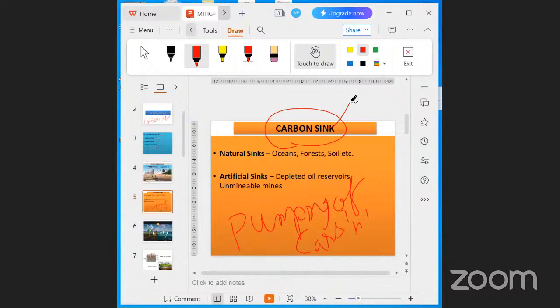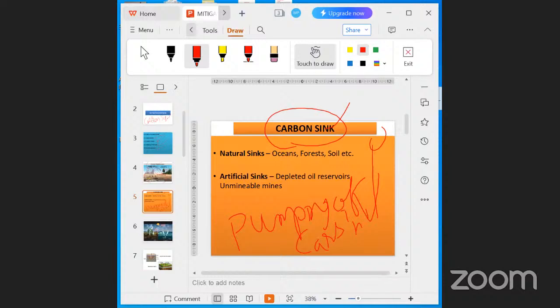The sinks are nothing but some materials that pull in carbon dioxide from the atmosphere. Those are called sinks, right? So what is a sink? Carbon sink is nothing but the pumping of carbon into sinks. Remember, the sinks are nothing but some material that pulls in the carbon dioxide from the atmosphere, right? So these are called sinks.